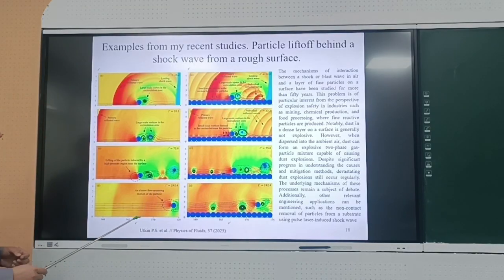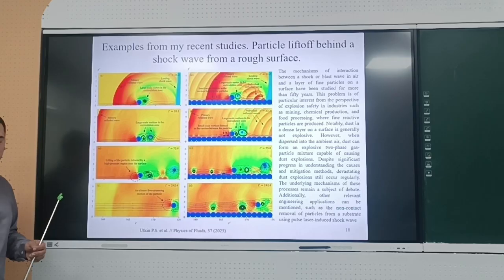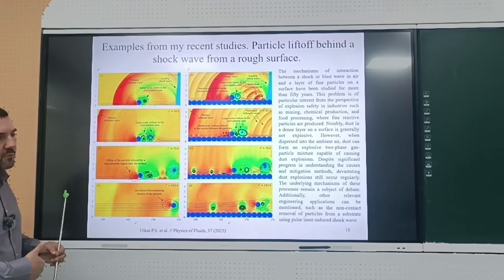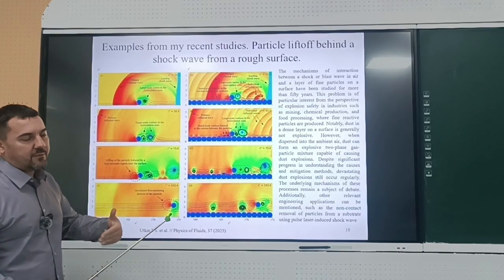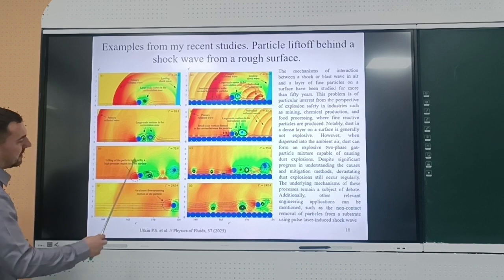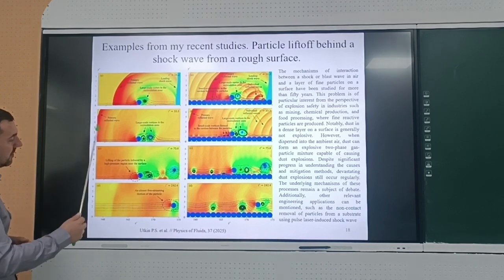And there are experiments in which people just put one particle on the floor of the shock tube, then produced a shock wave and propagated it, and so people studied the motion of this particle on the floor behind the shock wave, and it will move forward and also upward.